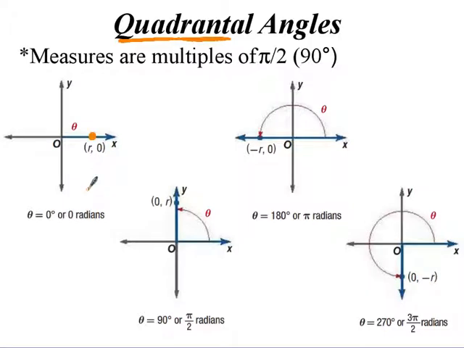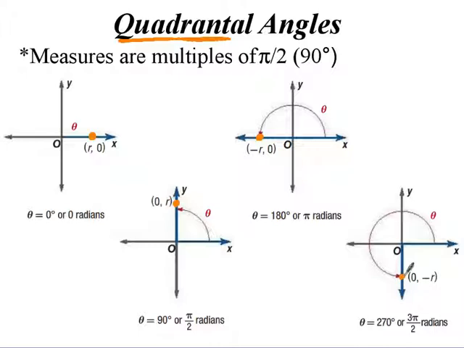So whatever the radius is, if it was 1 comma 0, 5 comma 0, that would be the point. At 90 degrees, my point is 0 comma r. Those are just points that we locate on the y-axis and x-axis. That shouldn't be anything new. Over here, the point is located at negative r, 0. And down here, it's located at 0, negative r.